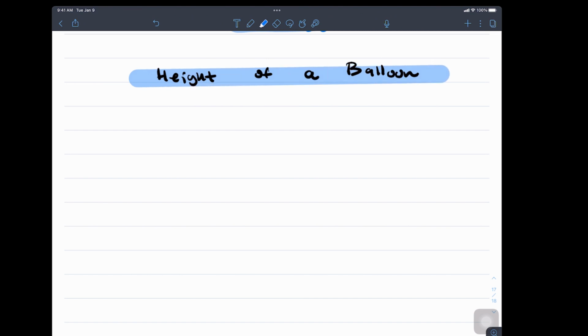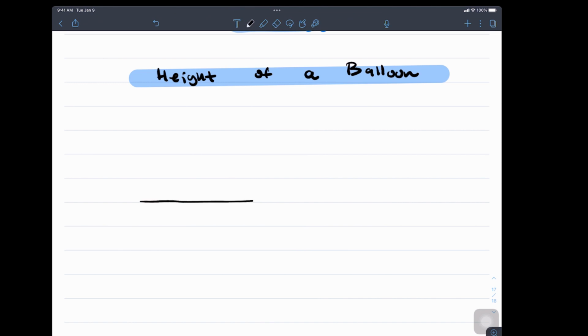I want to change the subject to talk about this idea. The height of a balloon. And maybe we'll just draw a picture here, right?